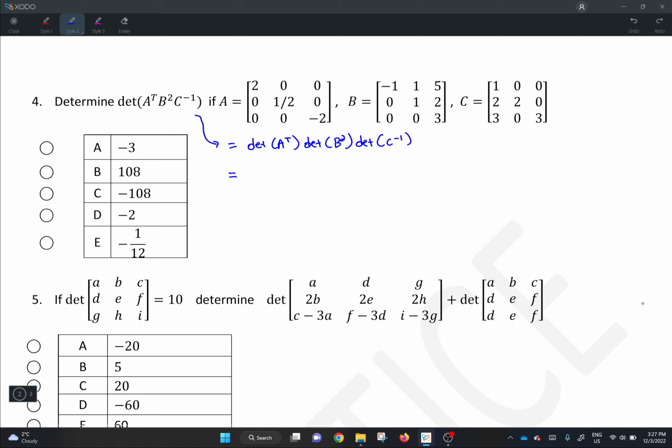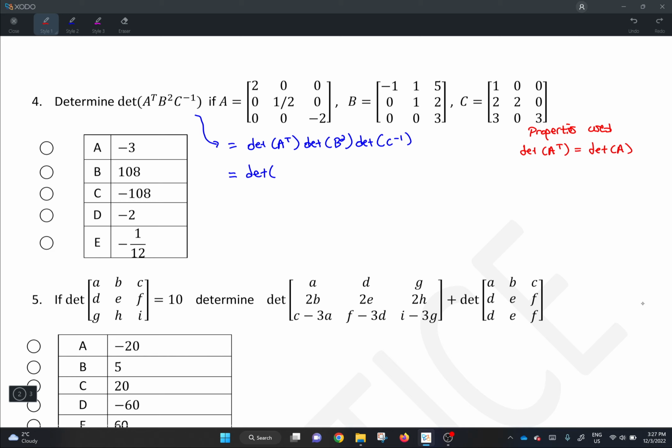I'm going to use some shortcuts. Rather than transpose A and take the determinant, we use a property. So these are the properties used. First property is that the determinant of A transpose is the determinant of A.